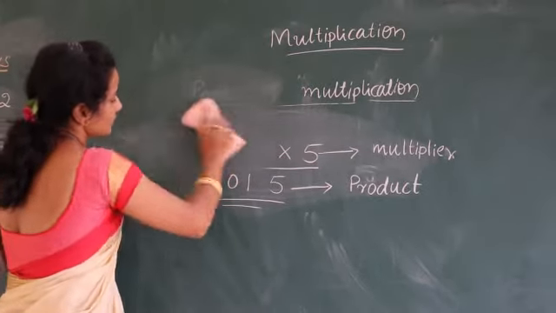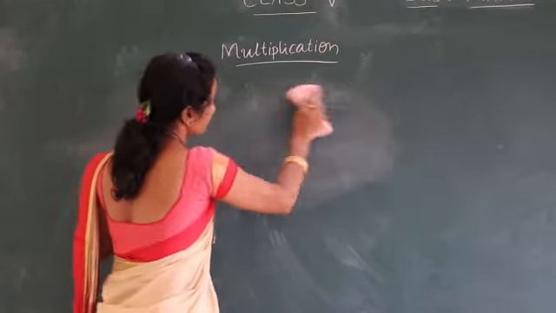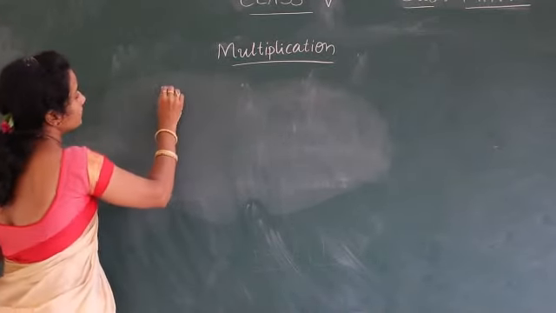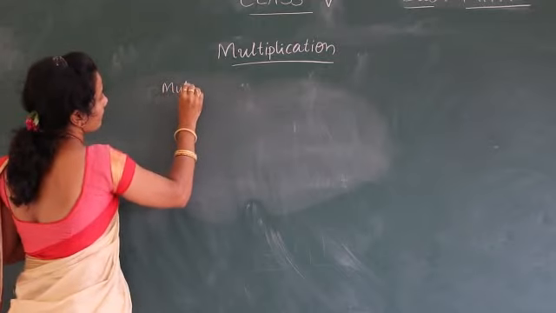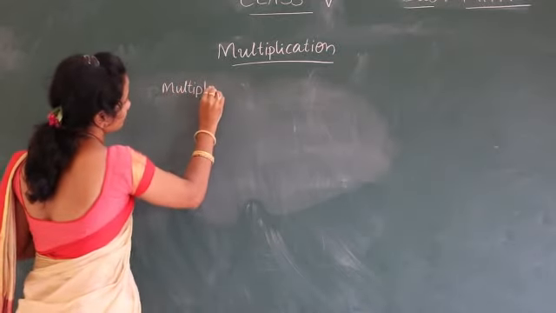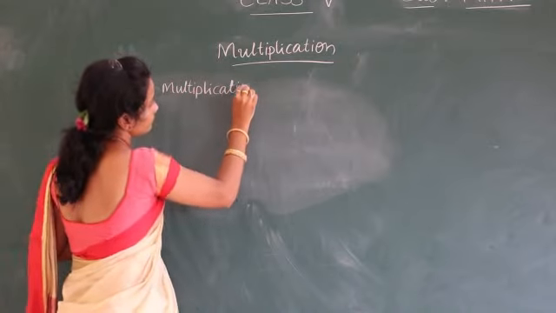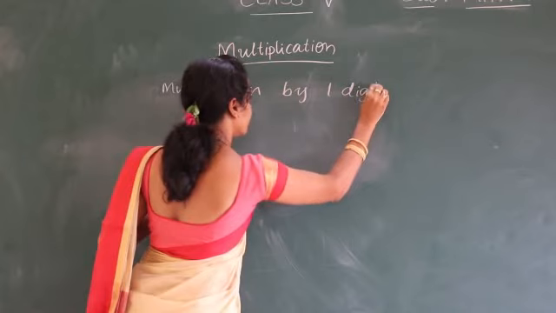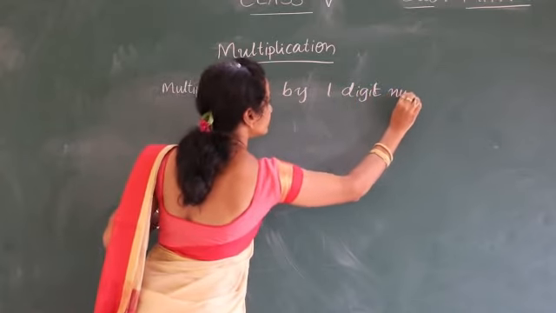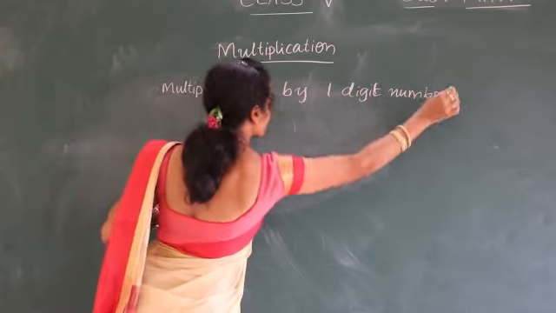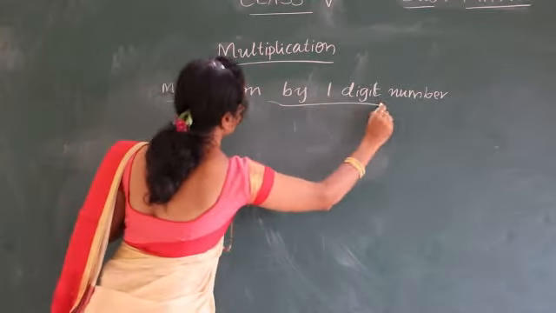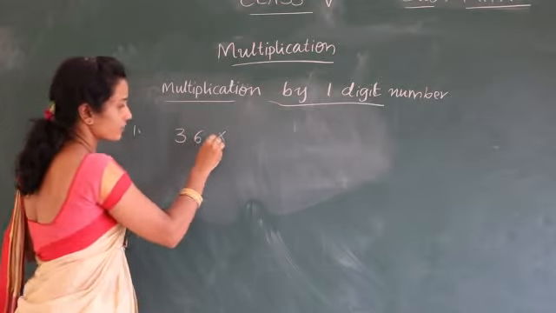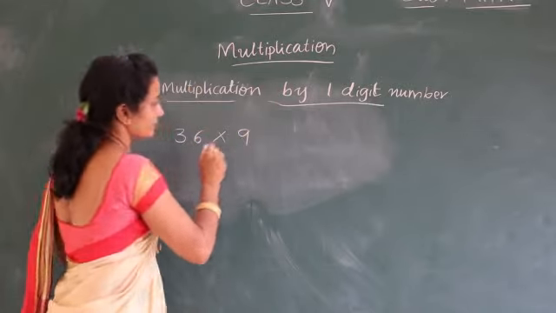So let us solve some examples related to multiplication by a one digit number. One example: 36 multiplied by 9.